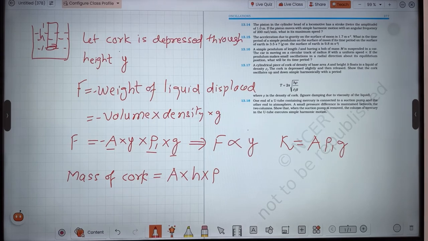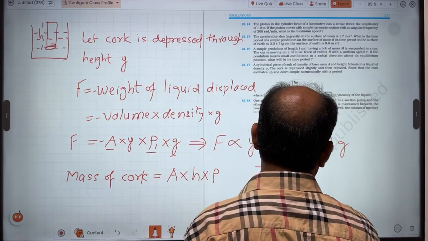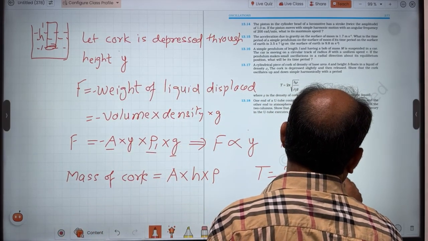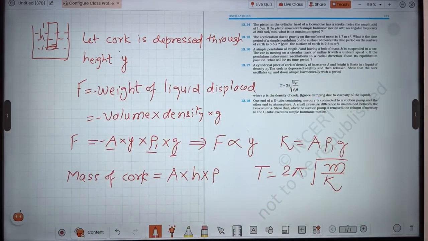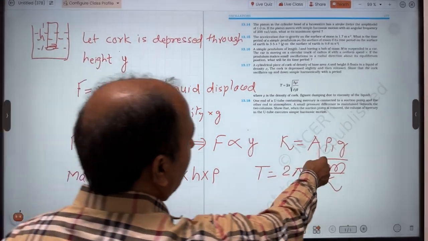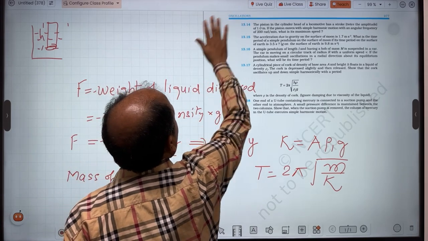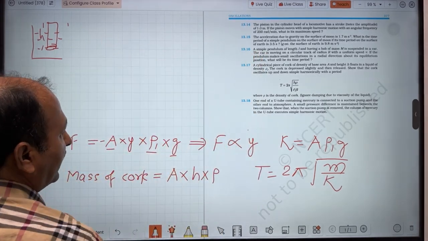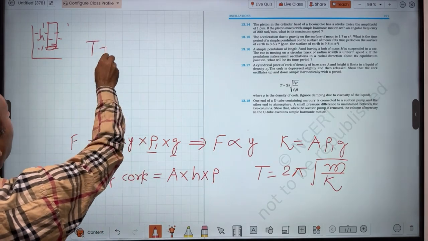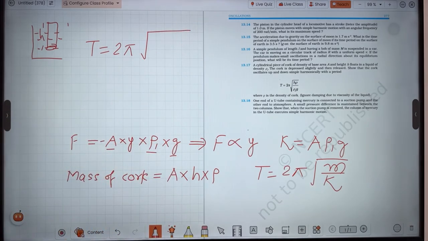Now all that we need is to find out the period of oscillation. So it is simple to find the period of oscillation. T equal to 2 pi root m upon k. Right? Here we have found the value of m, we have the value of k also. So let's write the two. So what it becomes? T equal to 2 pi root m.